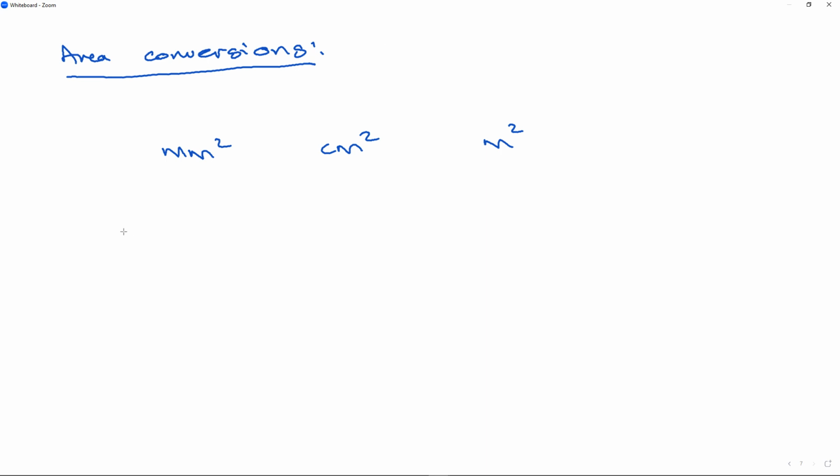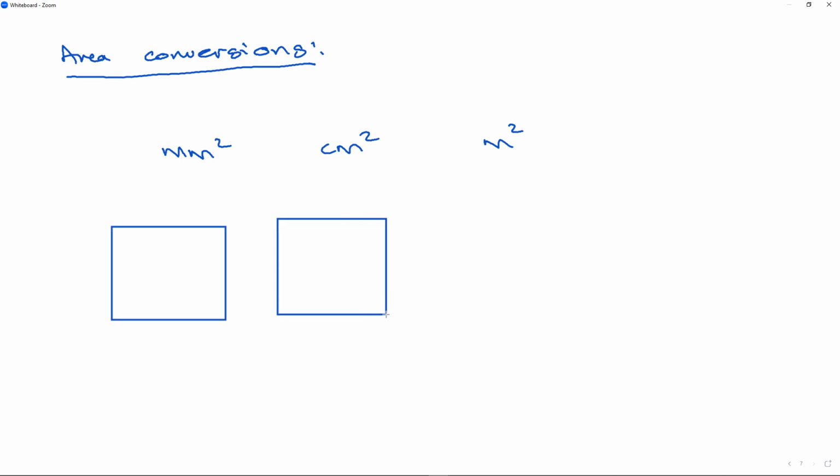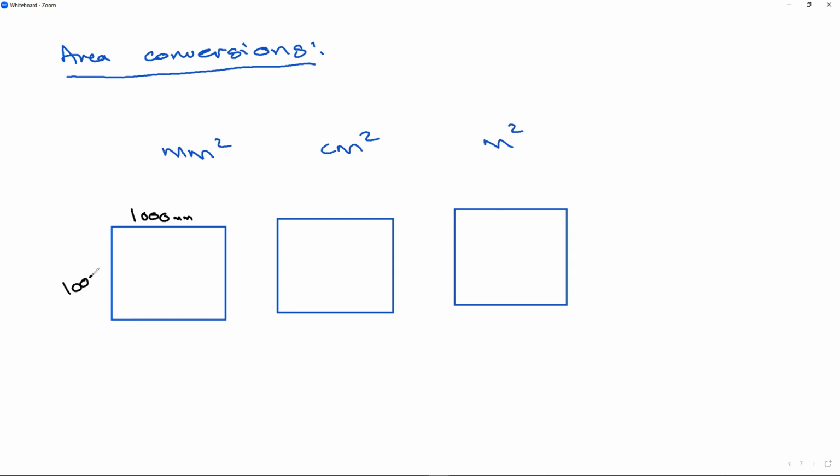Okay. So if I take a square and I just rewrite the exact same square, let's say, 3 times. And over here, let's make it 1,000 millimeters by 1,000 millimeters.